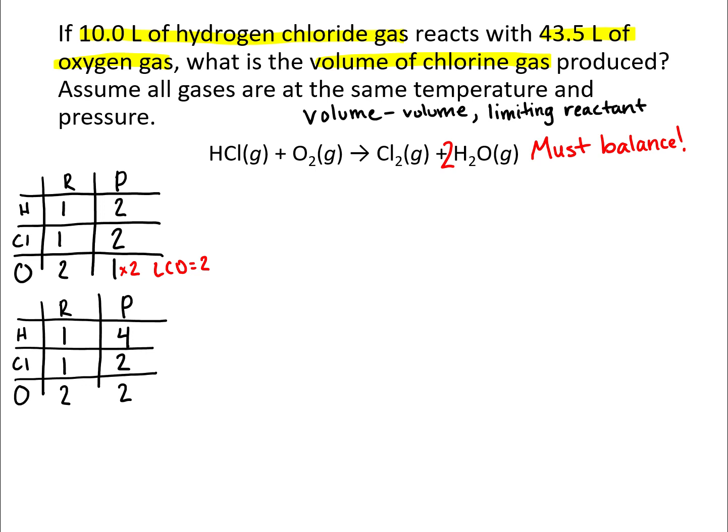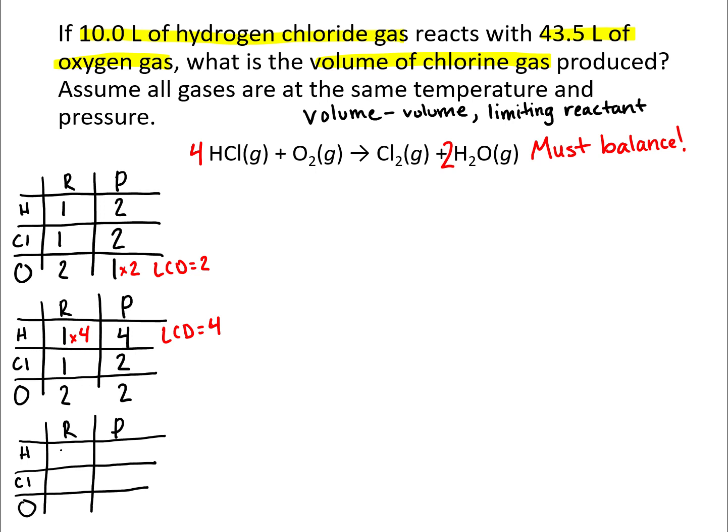We've got 4 hydrogens on the product side. So we've got to multiply by 4. So almost there.